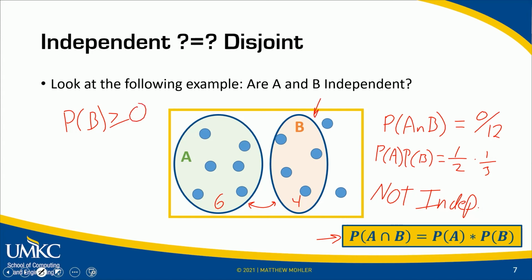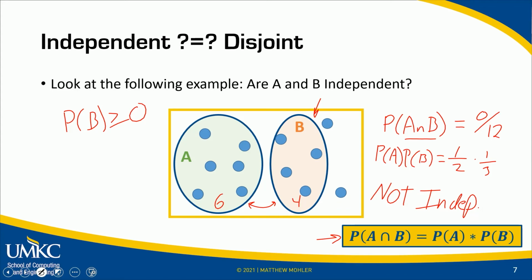But in this specific situation, it's just greater than 0. But because A and B are disjoint, the intersection of A and B will always be 0 events.